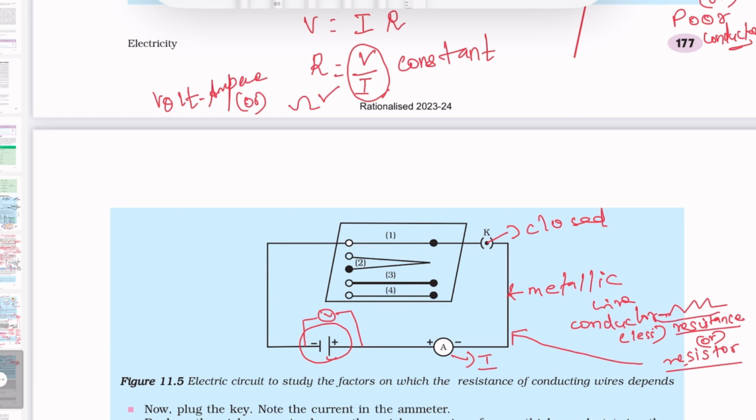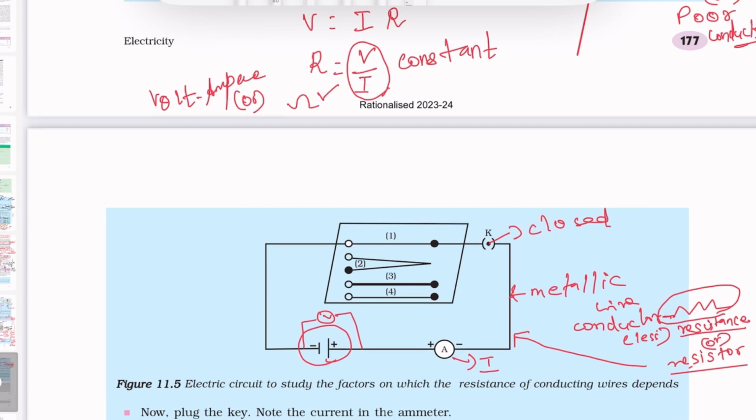Now, whenever I have a resistance, it is going to resist the flow of current. The resistance will always resist the flow of current. So let us see what this resistance is. Now I will show you a circuit diagram where I use a resistance also.